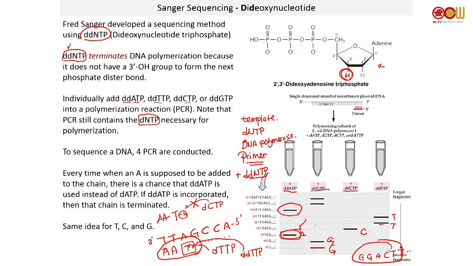Because remember, in the reaction, you still have the normal dNTP. By adding a little bit of ddNTP, you have a chance of terminating it. That does not mean that every single growing chain will be terminated at this particular position, because you have a competition between the normal dNTP and the ddNTP.